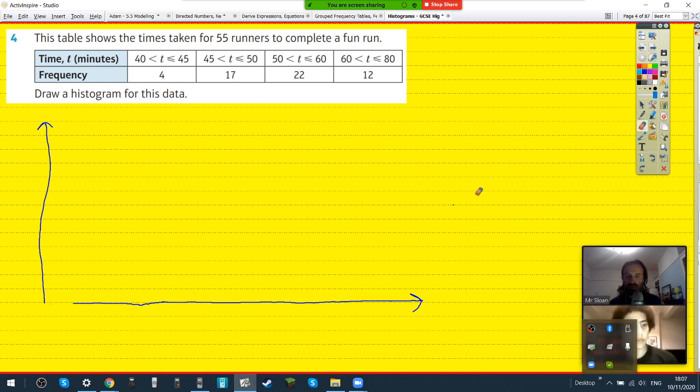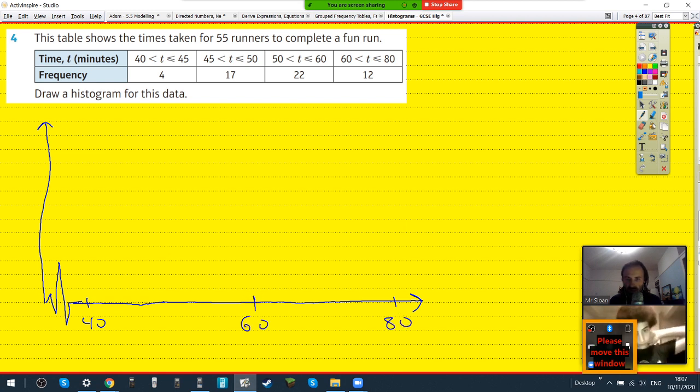I'll do one of those broken lines to show that there's a bit missing. So it goes all the way up to 80, so 40, 50, 60, 70.